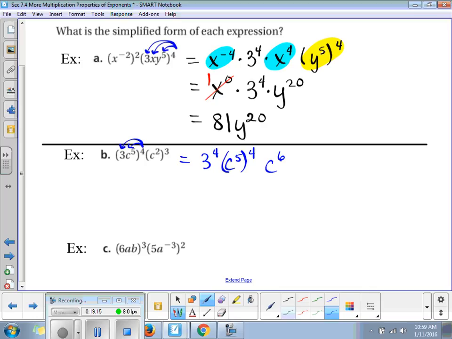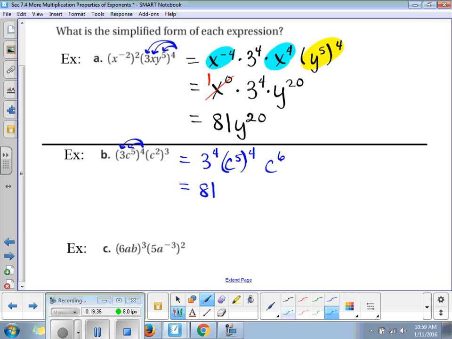And now, using our order of operations, we're going to deal with that exponent in the middle. Can I go ahead and multiply 3 to the 4th right now? Yeah. So 3 to the 4th, of course, again is 81. And then when we have a power raised to a power, what do I do to the exponents? Right, you multiply them.